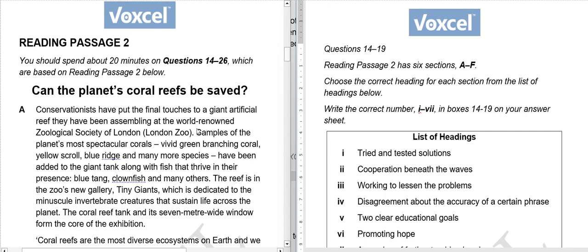The paragraph today we're going to deal with is, can the plant's coral reefs be saved? So this is our passage. The benefit of reading the title of the passage is that we can get an idea of what kind of information we are going to deal with.